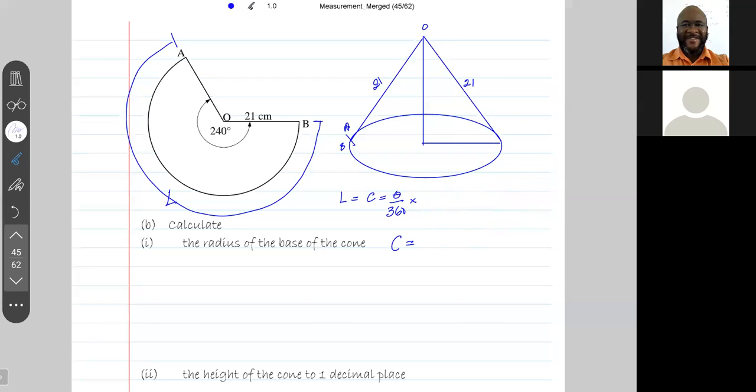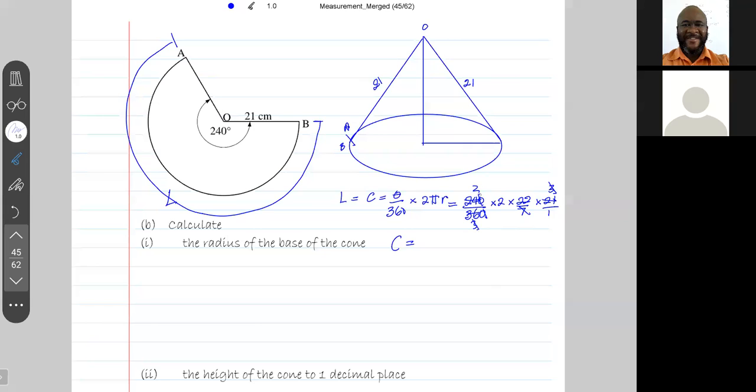All right. L is theta over 360 times 2 pi r. Nobody said, sir, you made a mistake. Nobody. 240 over 360 times 2 times 22 over 7 times 21. 0, 0, 12, 2, 12, 3, 7 into this goes 3, the 3 here cancels the 3 here.